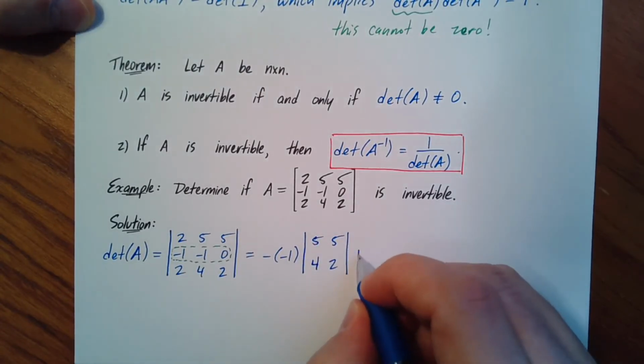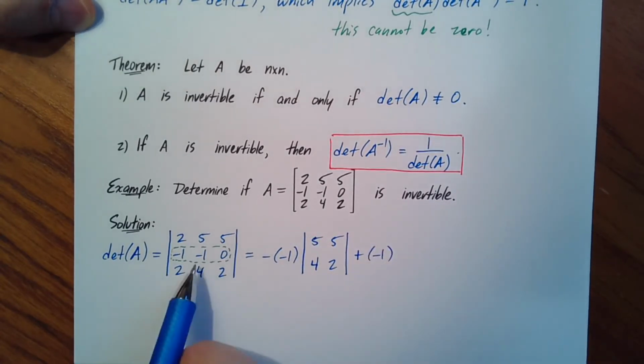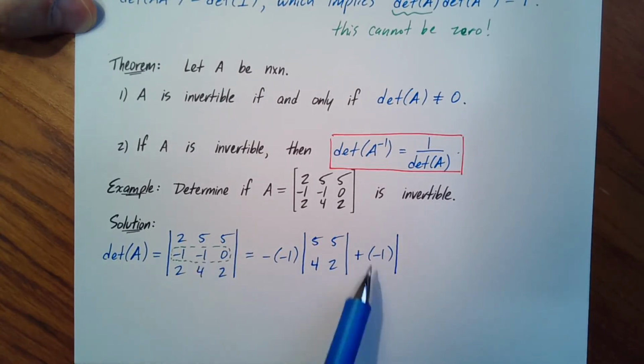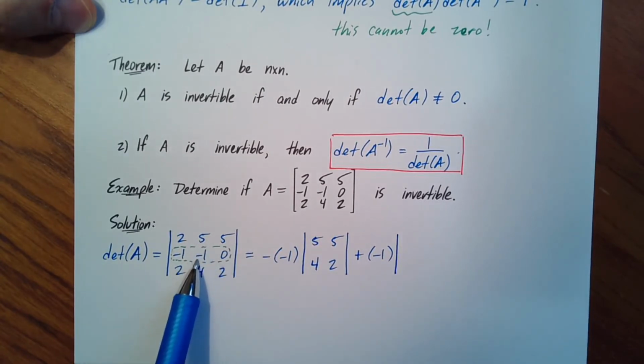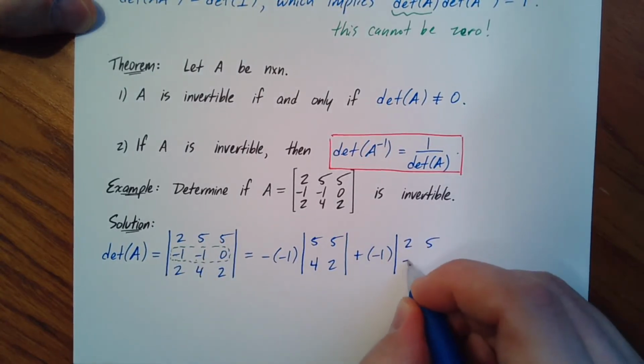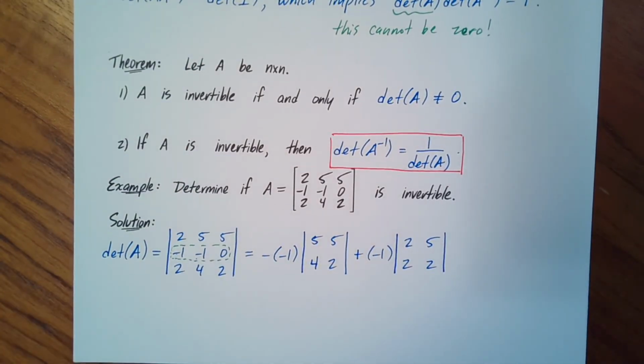Then for the next term, it will be positive because I alternate. Then the entry is -1, and the 2×2 determinant here is going to be, well, this -1 is the entry in the middle. So if I delete this row and this column, I'm going to have 2, 5, 2, 2. And that's what I get if I do cofactor expansion.